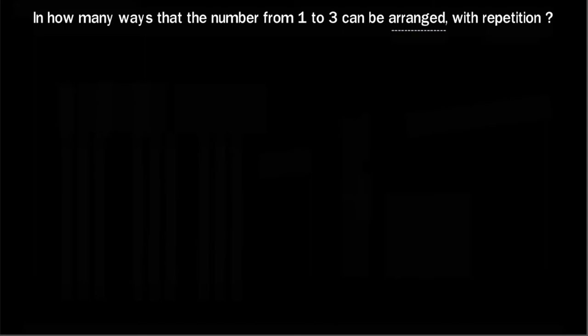To do this, first we write down 3 empty spaces. For the first digit, you can think of how many numbers can be filled in. There are 1, 2, and 3. So there are 3 possible outcomes for the first digit. So you write down a 3 here.